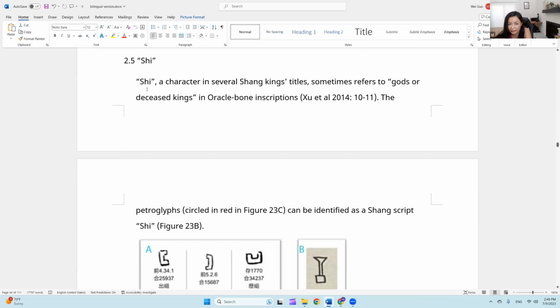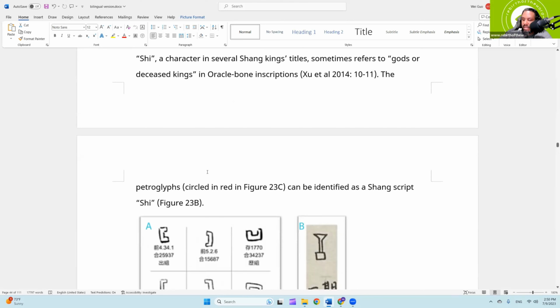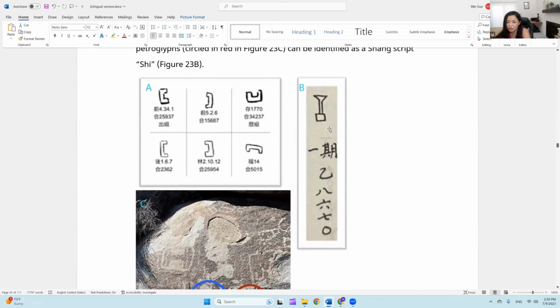This is also a character in several Shang titles, sometimes referring to gods or deceased kings. Wow. So in oracle bone inscriptions, one form of Shi is represented as a capital T. Another form in oracle bone is represented this way.